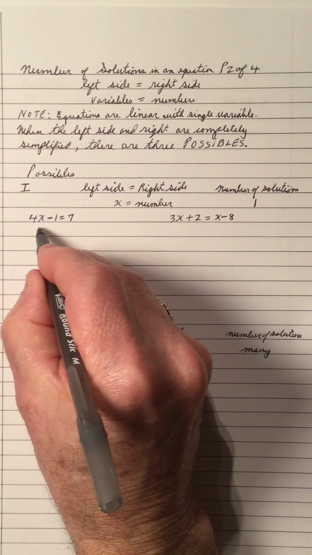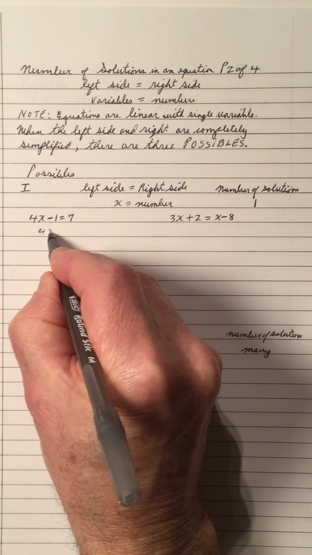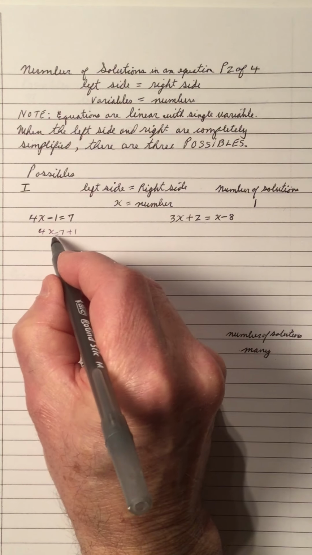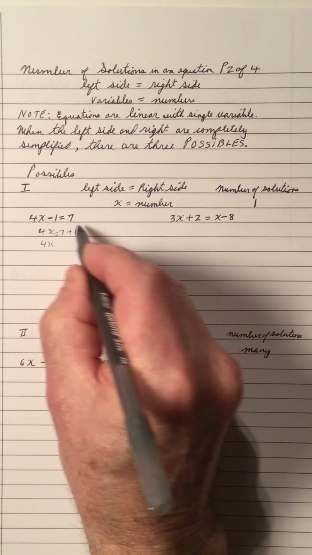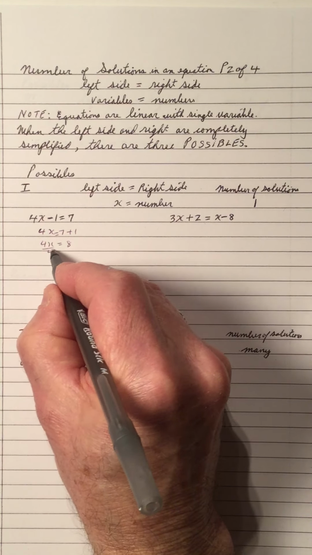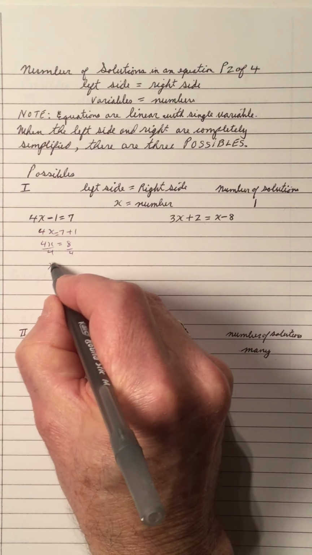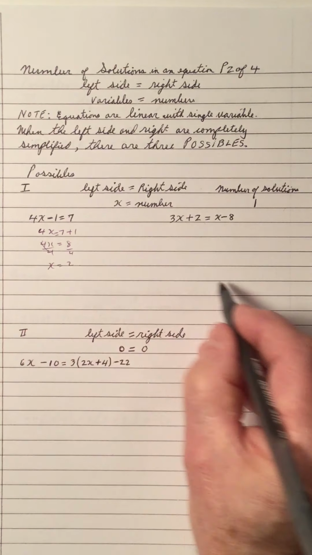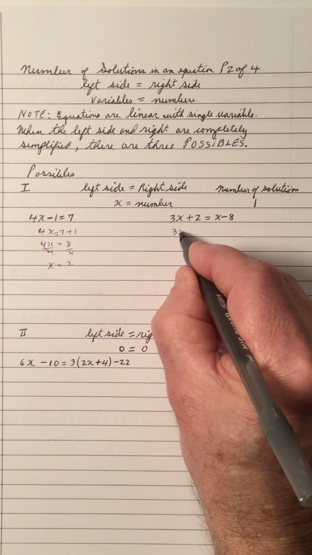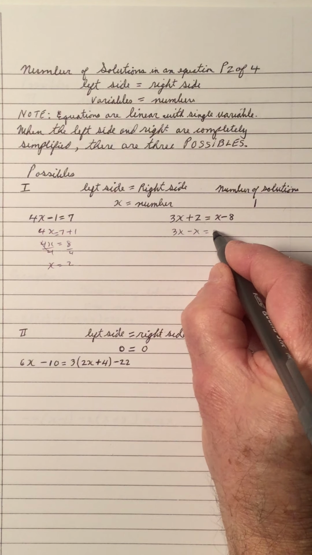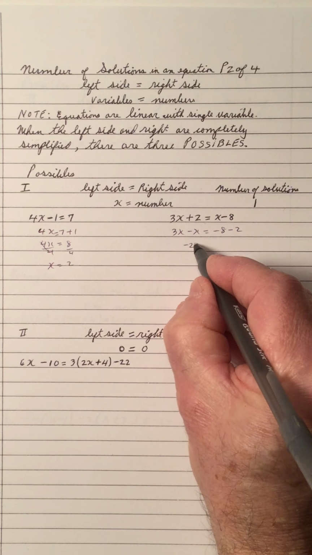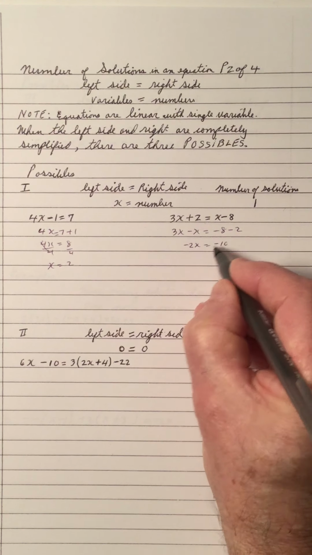Let's explain. So if I solve this equation, I move the 1 to the right side to make a plus. I get an 8. I divide by 4, and I get x equals 2. If I solve this one, the x's go to the left, the numbers go to the right and change signs. 2x equals -10.